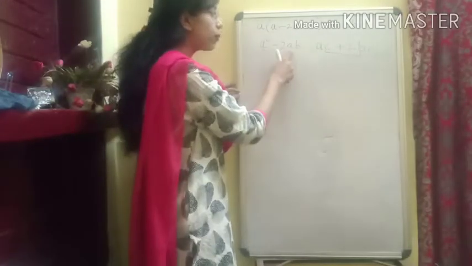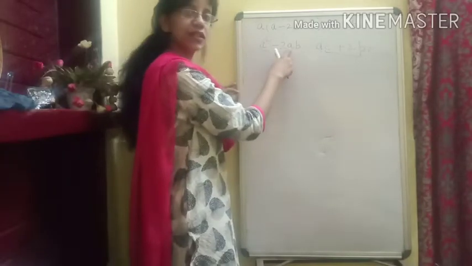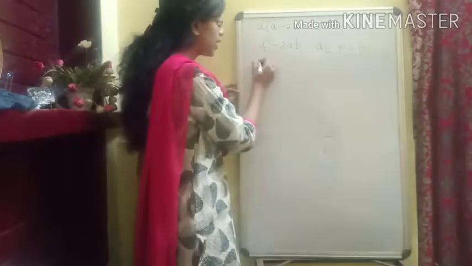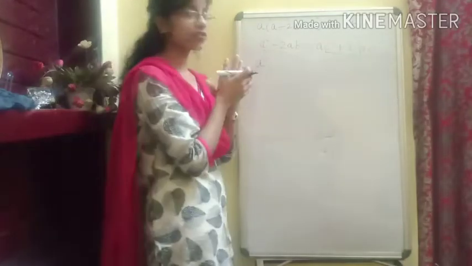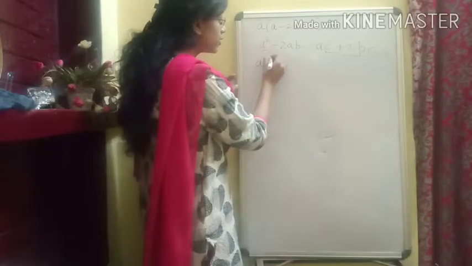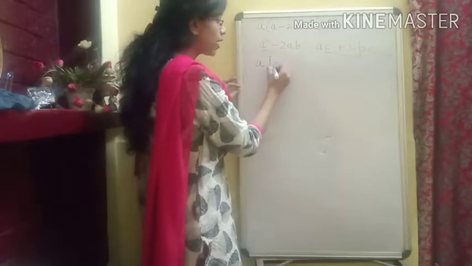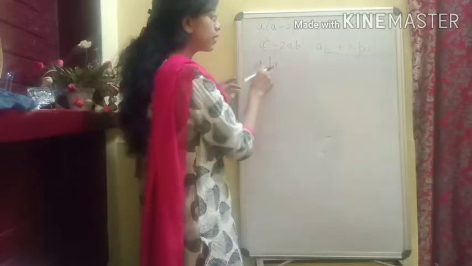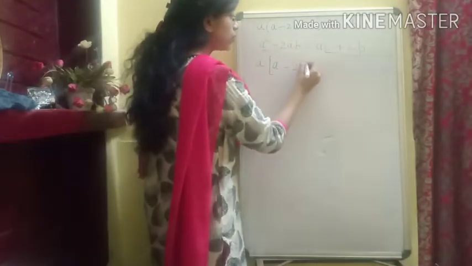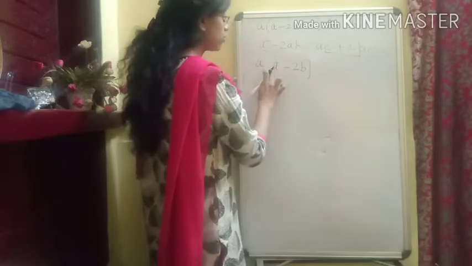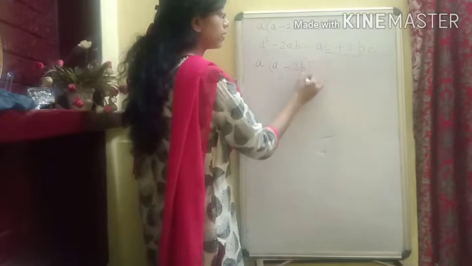First thing, a is common. Second thing, here it is a to the power 2, here it is a to the power 1. So we will take a to the power 1 common, which is simply a. Now nothing is left as common, so we will write just a. Then what is left? A we have taken common, so 1a we have, minus 2b, since a is already taken common. Okay, you are not required to make a square bracket, you can simply apply a parenthesis.